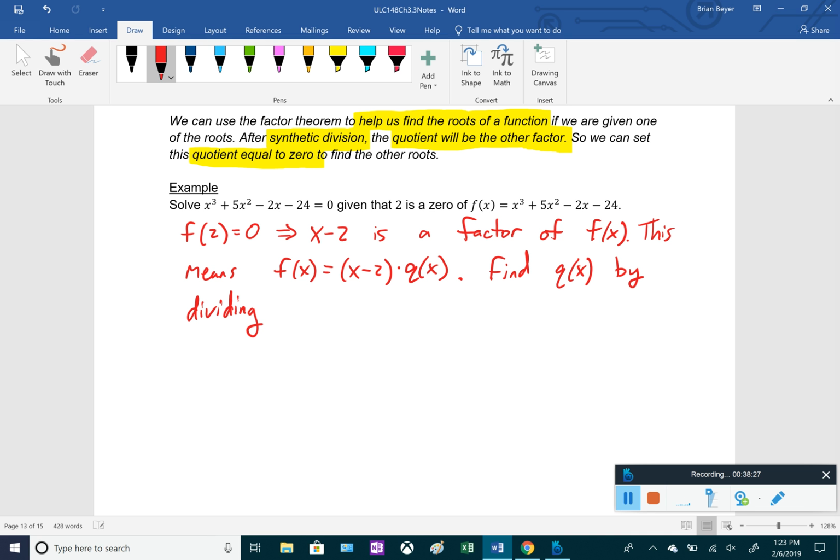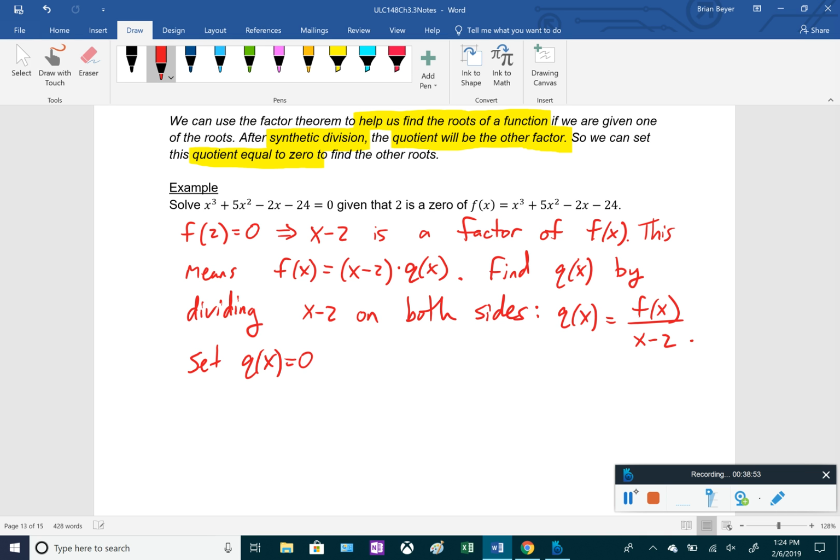So we can find it by dividing the x minus 2. So that means q of x is going to equal the function divided by that factor x minus 2. Once we do that, that's going to tell us what q of x is. Then we're going to set q of x equal to 0 and solve for x.